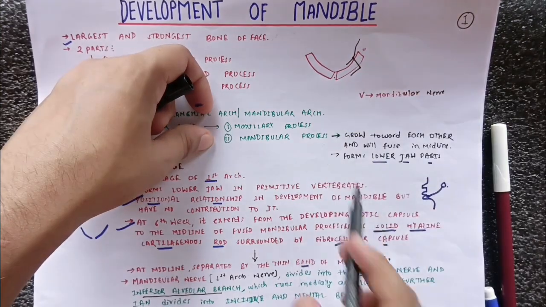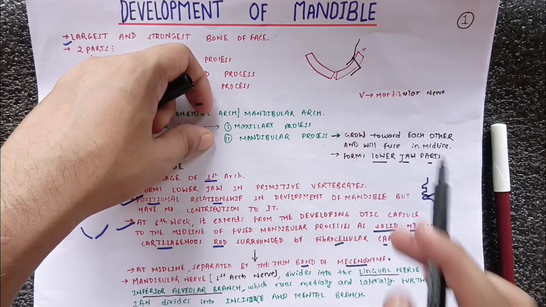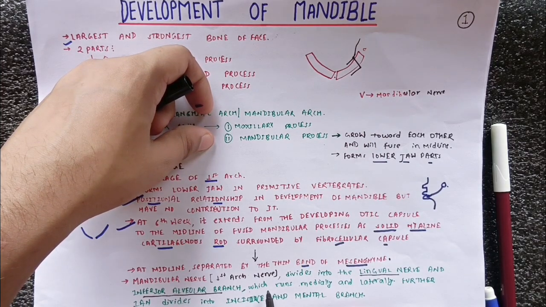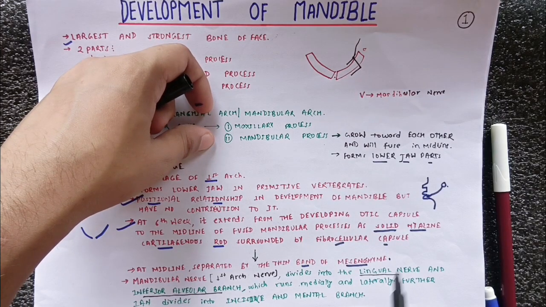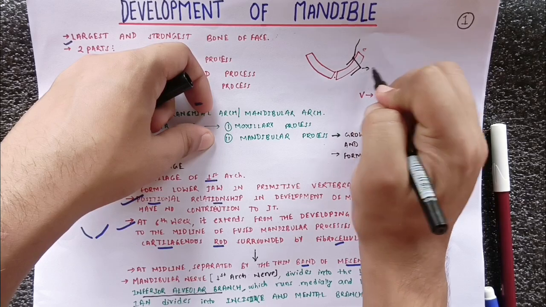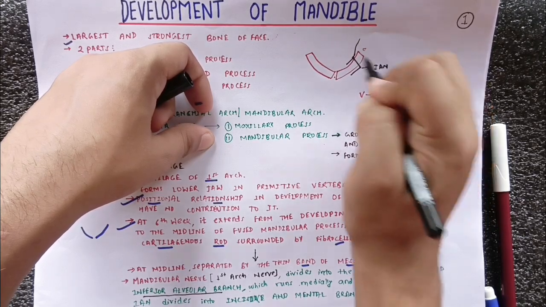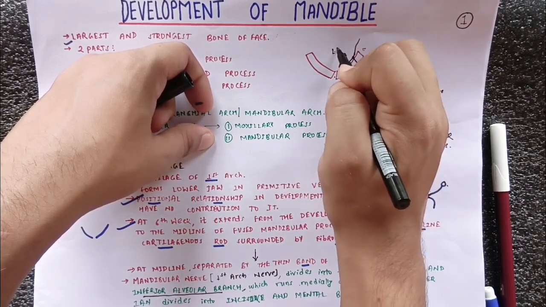Just remember why I have drawn it like this: the lingual nerve runs medially to the Meckel's cartilage, and laterally is the inferior alveolar branch. So this is the inferior alveolar nerve, and this is our lingual nerve.